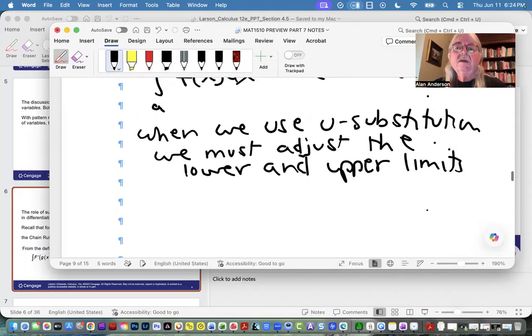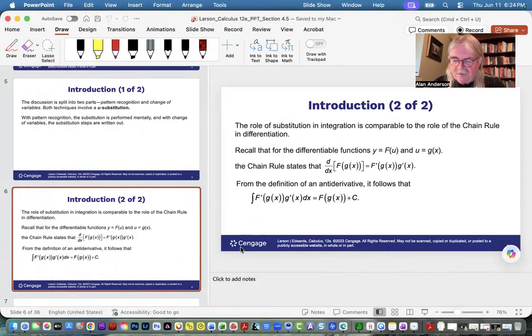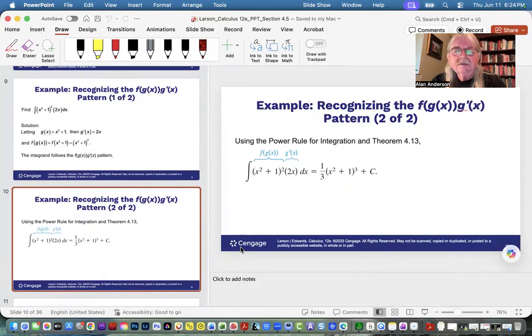Okay, because they won't be the same, or not likely, because those limits refer to f of x, and we're dealing with u of x. Okay, so something has to be changed. So they have the specific formula right here somewhere. Let me go find it.